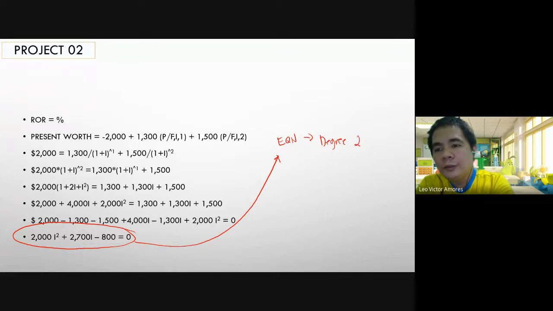Okay? After you click degree, this is the value of your A, the value of your B, and this is the value of your C.